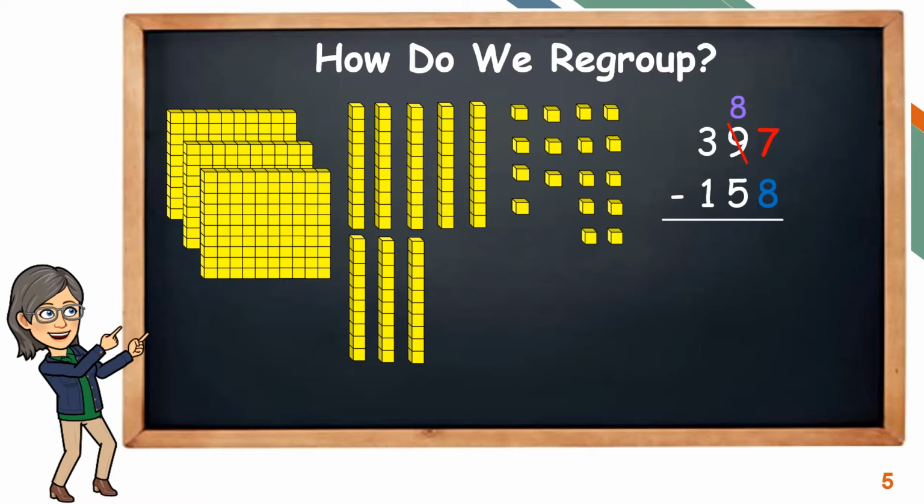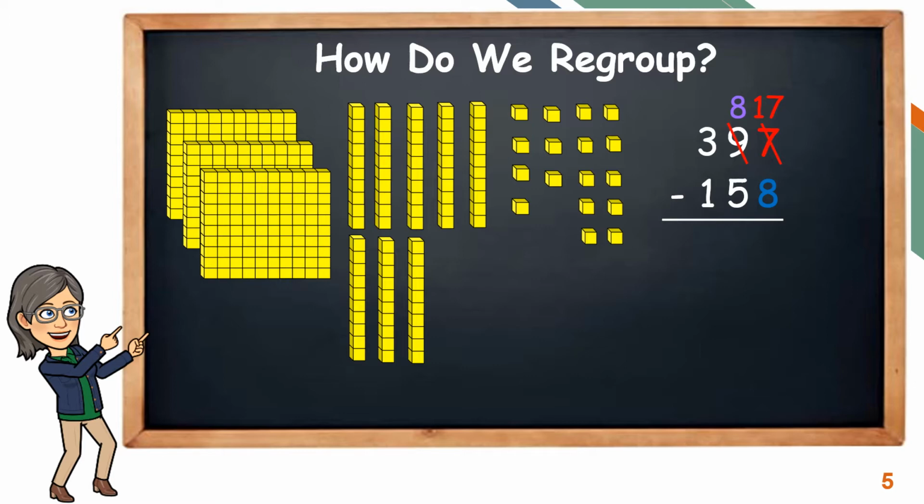To record the 17 ones we now have, we first draw a line through the 7 in 397. Then we record a 17 above it. So instead of 9 tens and 7 ones, we now have 8 tens and 17 ones, which is the same amount, just written differently.